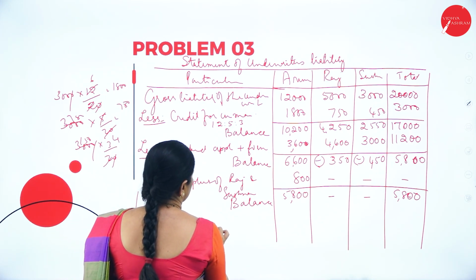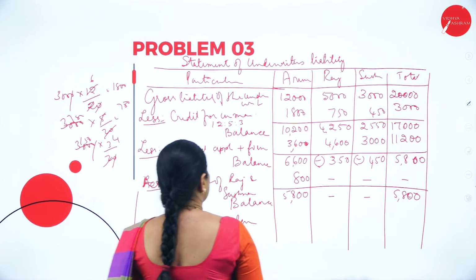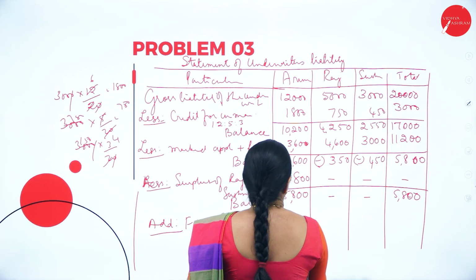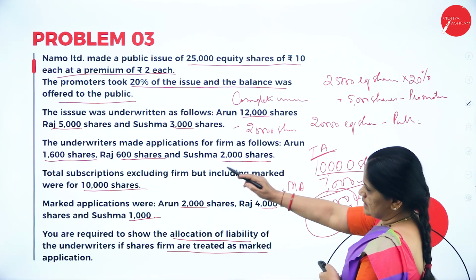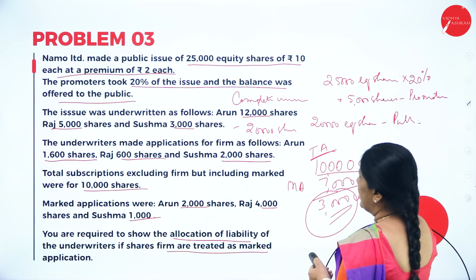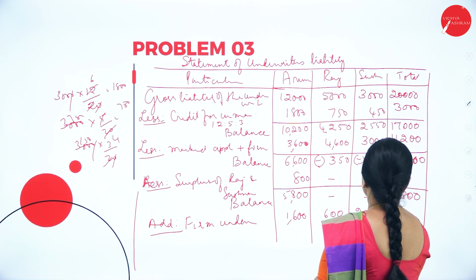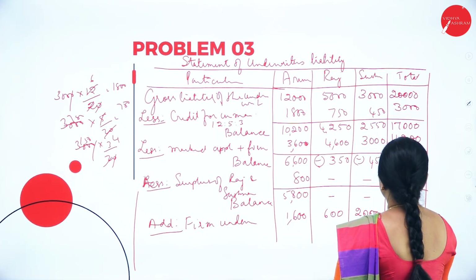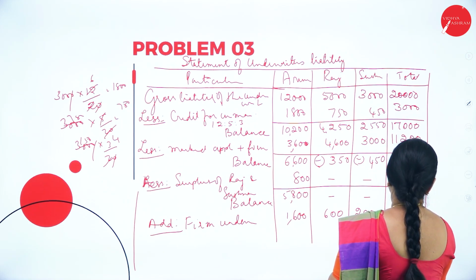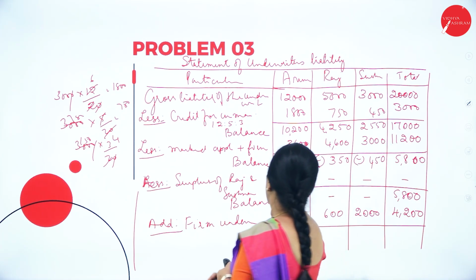Now the next step, add firm underwriting. For Arun it is 1,600, for Raj it is 600, for Sushma it is 2,000. So totally it comes up to 4,200. So we add both.